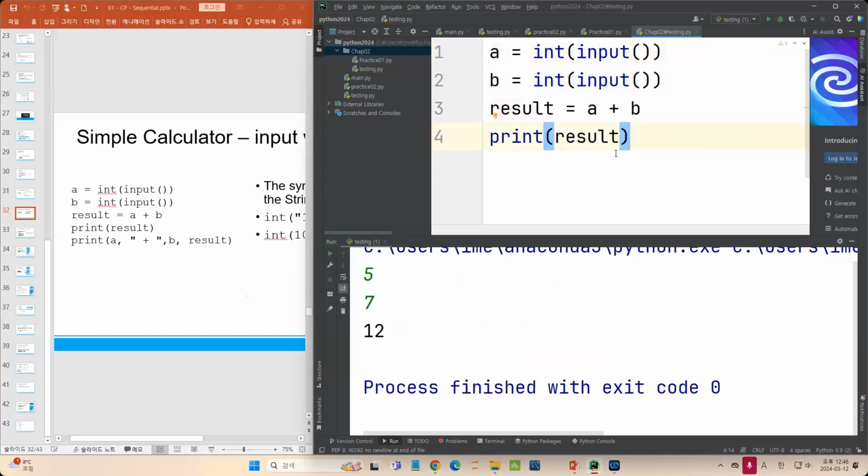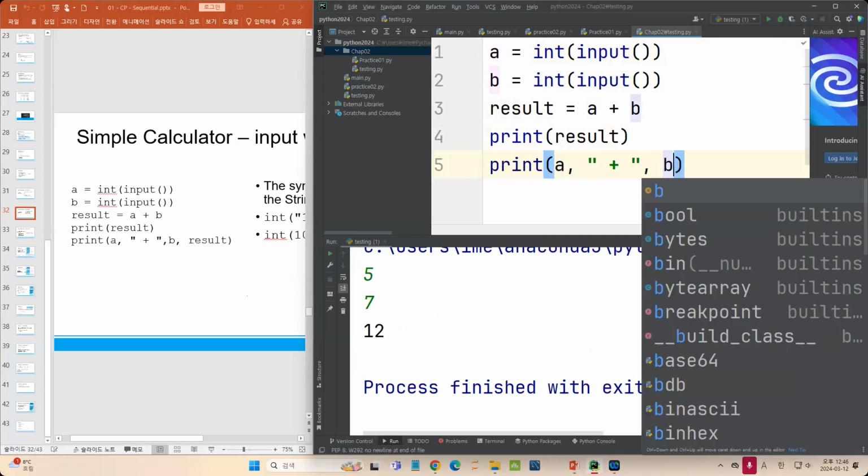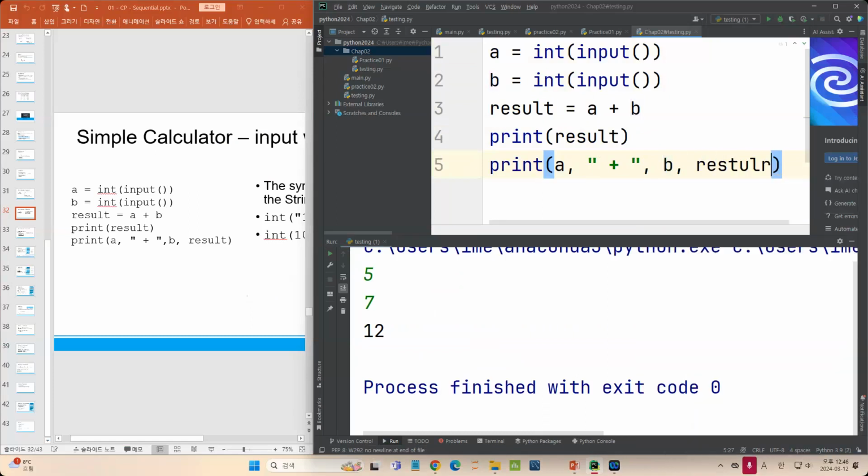So you can have another kind of print. I give you the example, print a comma like this one. So in this case, it means I would like to print a. What is the value of a?